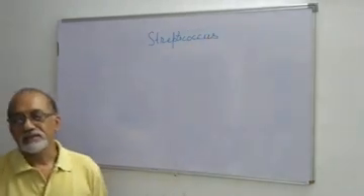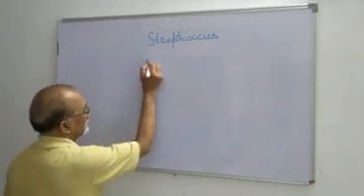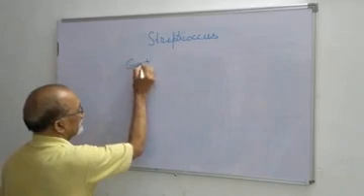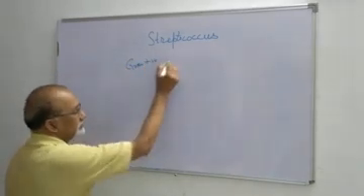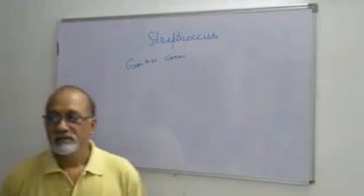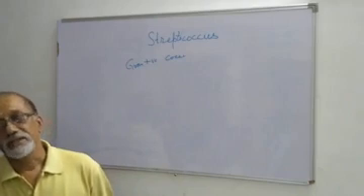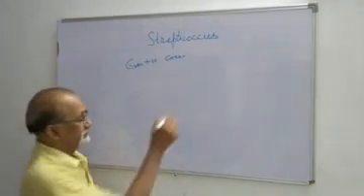So, Streptococci are gram-positive cocci that grow in pairs or chains.